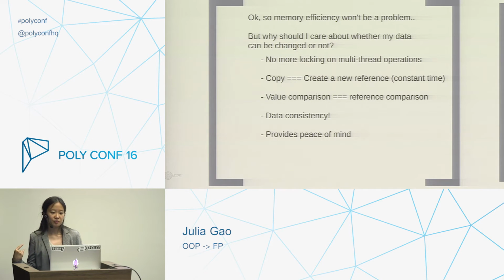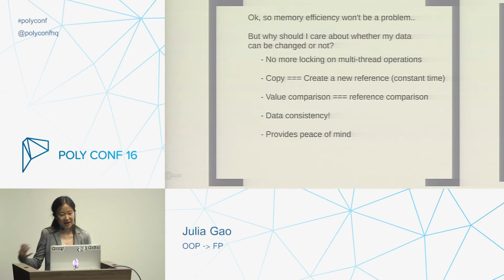And so now we have copying, right? When we copy an object, we're really just creating a new reference to that object. And so in this case, the copying will be in constant time rather than n. And sometimes we need to do a value comparison, and that is actually just a reference comparison.